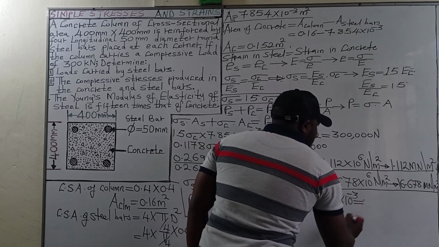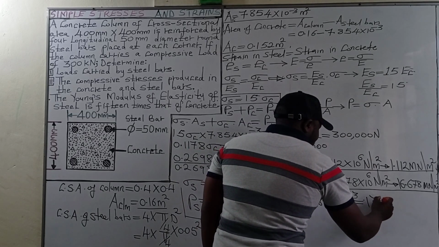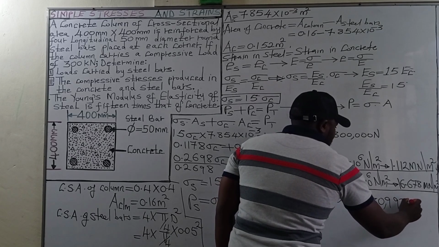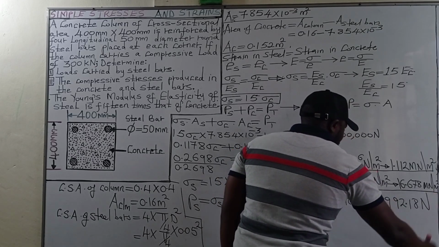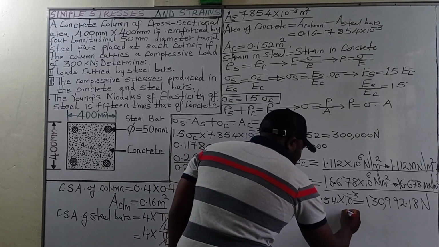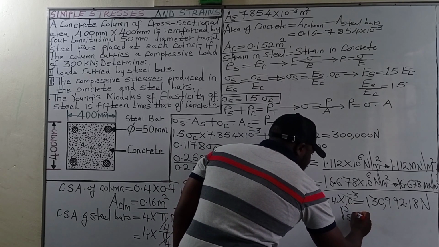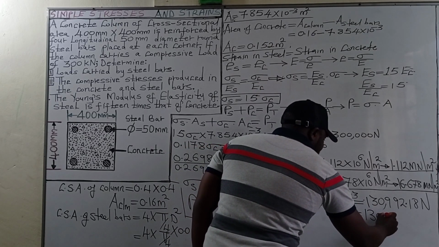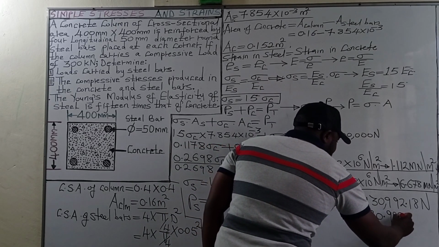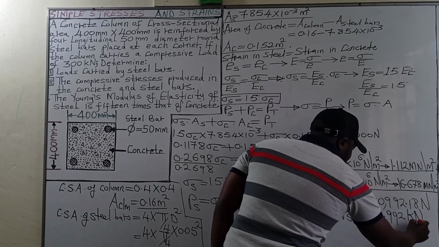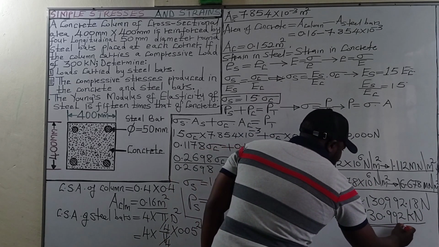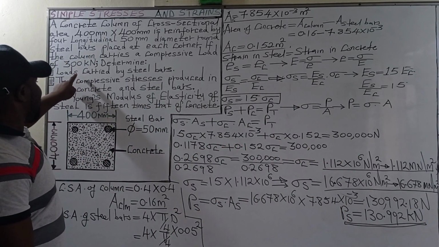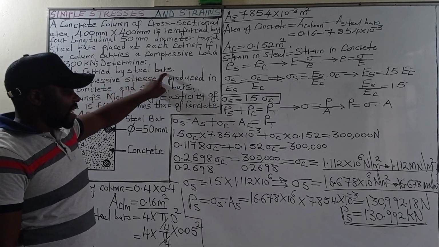So this is going to give you a load of 130,992.18 newtons. In kilonewtons, we divide this by 1,000, that is 130.992 kilonewtons. That is the compressive load carried by the steel bars.